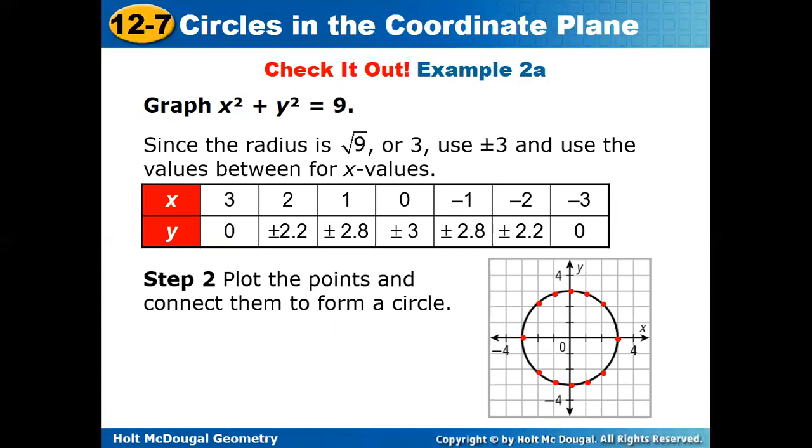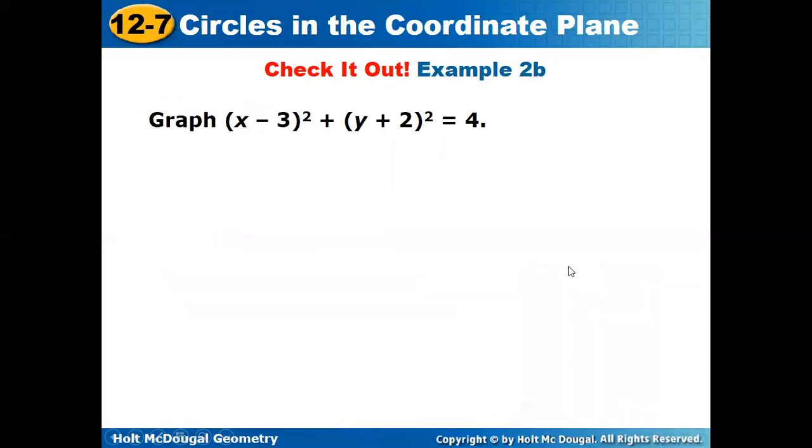Sure, you can identify the radius, which is root 9, which is 3, and the center, which is (0, 0). So you can plot the center (0, 0), and using your compass, open it with 3 units, so you can graph this circle. The second one, also stop the video and start to solve it.